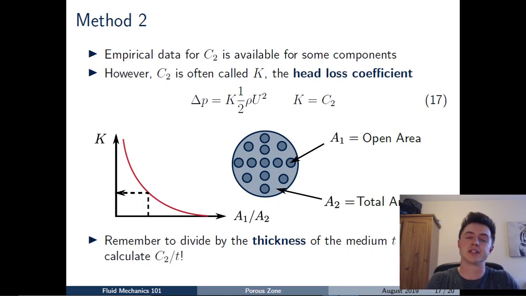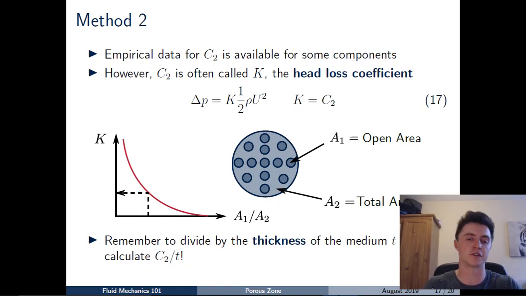And in the textbooks, what you'll find is that the head loss coefficient K is given as a function of some geometric parameters of the object. So in the case of a porous plate, you can think of it being specified in terms of its open area ratio. So that would be the open area of the flow, which lets the flow through, divided by the total area of the plate or disc.